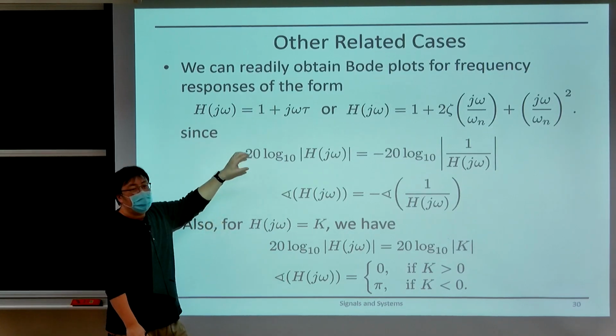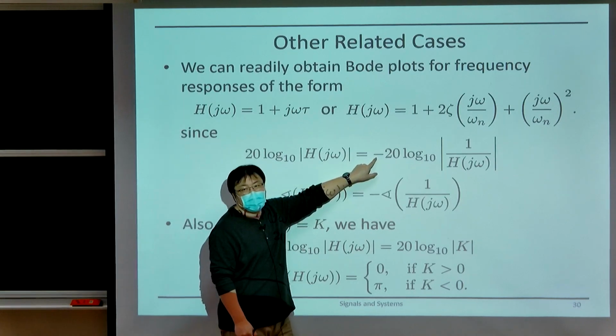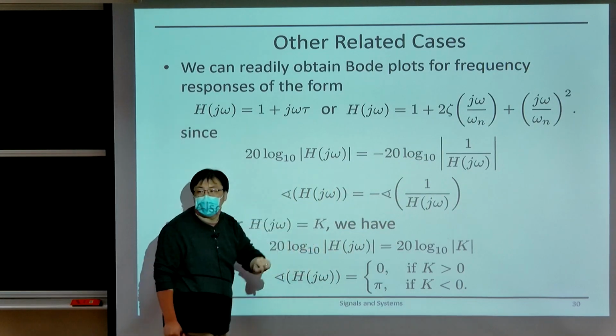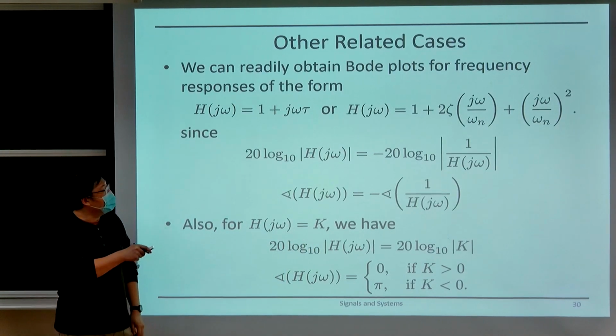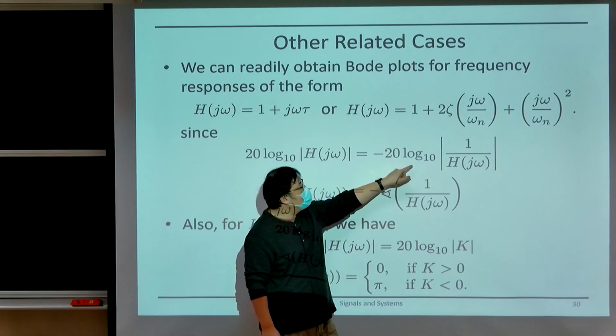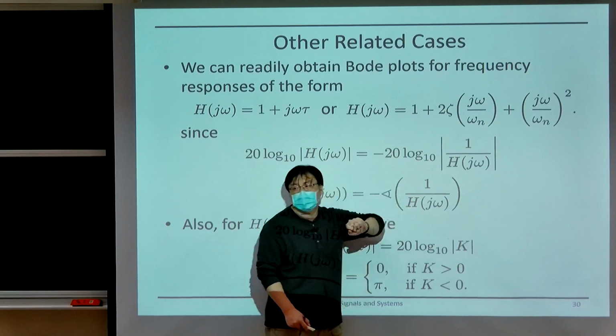So the log magnitude of this system is just minus the log magnitude of a first order system. Similarly, the log magnitude of this system here, if you plug this inside, is just minus the log magnitude of the second order system that we just looked at.